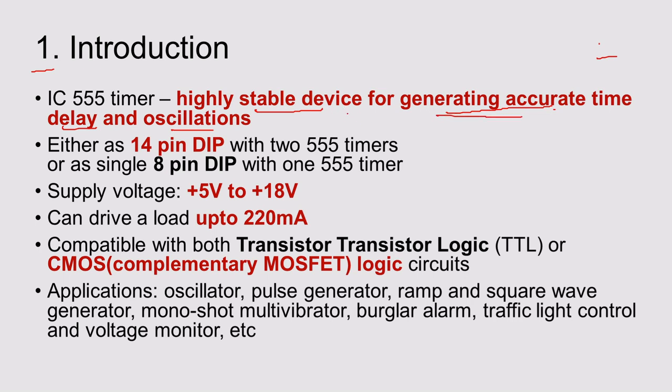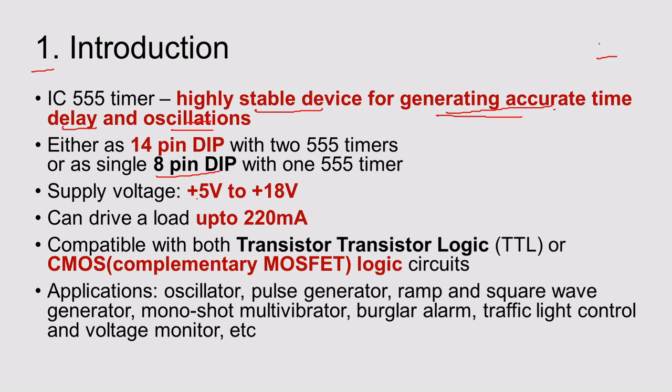The 555 timer IC is made either as a 14-pin dual in-line package with two timers or a single 8-pin dual in-line package with one 555 timer. Today we are going to see the description of the functional diagram of the single 8-pin DIP package.